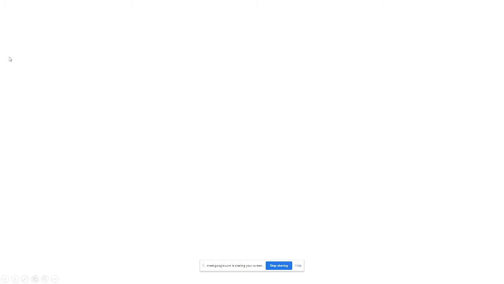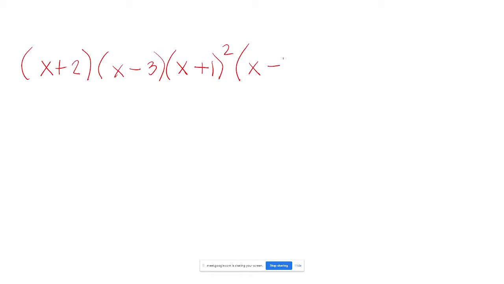If these are the factors, like for example, x plus 2, I have also x minus 3. I also have x plus 1 squared. I also have x minus 1 cubed. For example, these are the factors. So take note, these are the factors. Out of the factors, I can get the roots or the zeros.